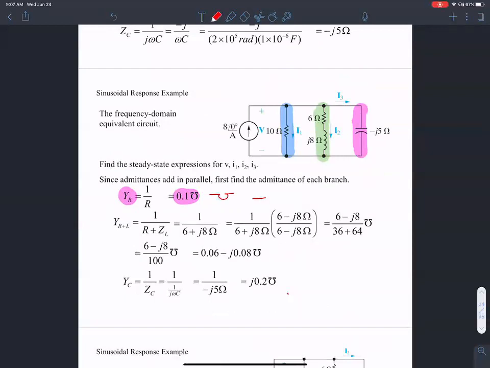Notice that the symbol for resistance is omega. The symbol for admittance is the inverted omega, which is mho or Siemens. So the unit for admittance is Siemens.